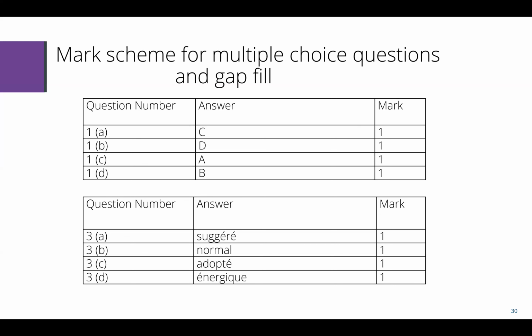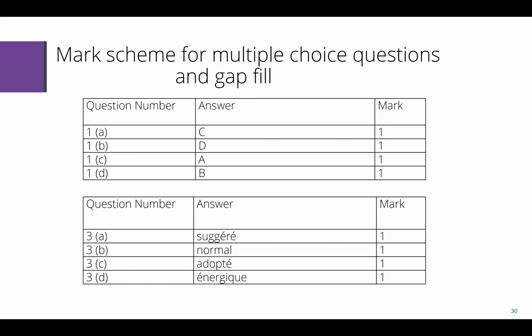Now, about these mark schemes, you can see that if it's a multiple choice, there's only one answer, isn't it? And there's no leeway on this first mark scheme, because it's either C or it's wrong. So that's the way it is. Now, for question 3, this is where they would have taken words from the word box.